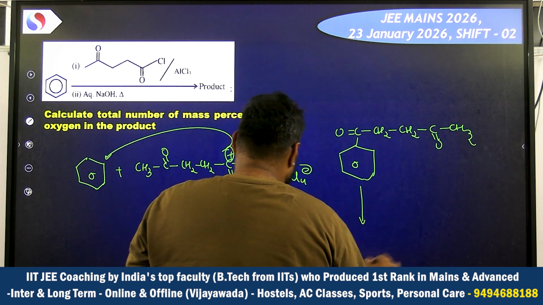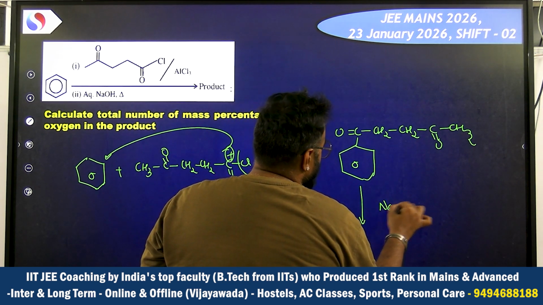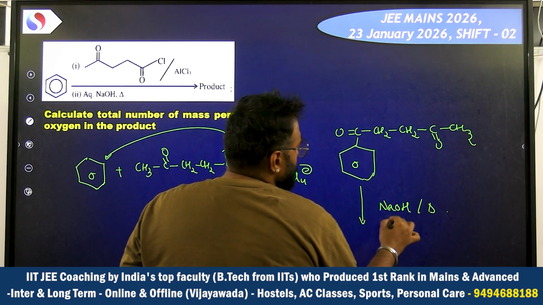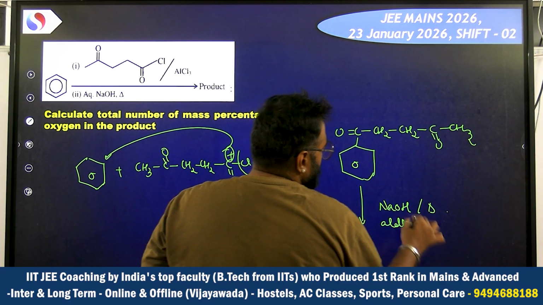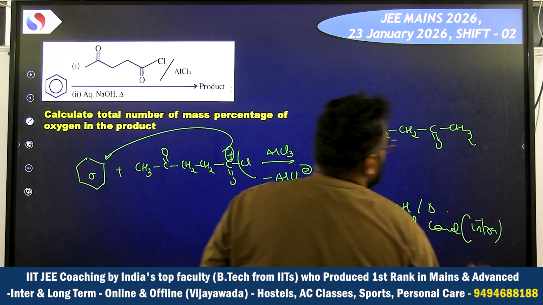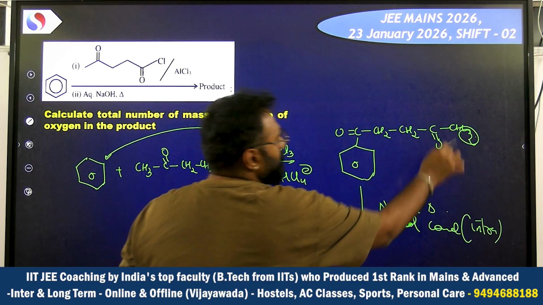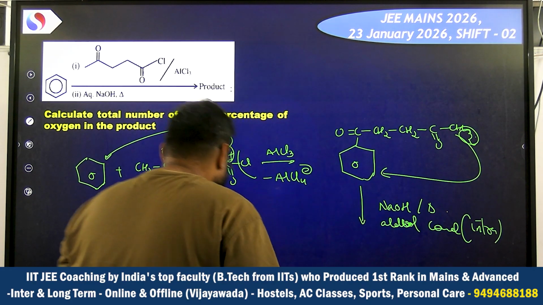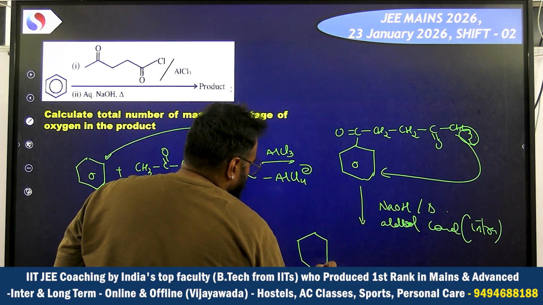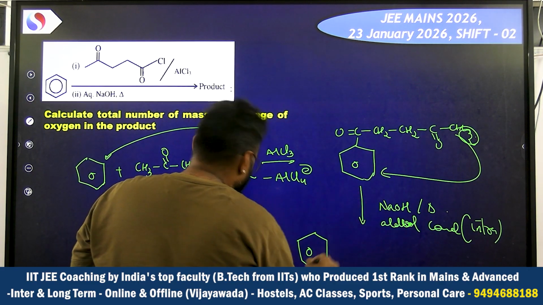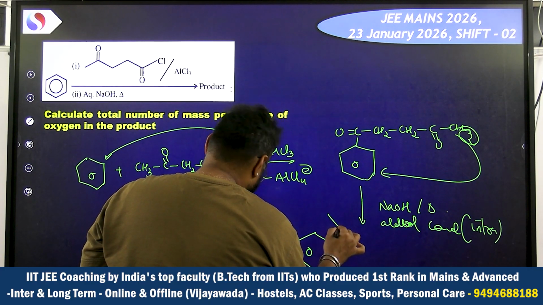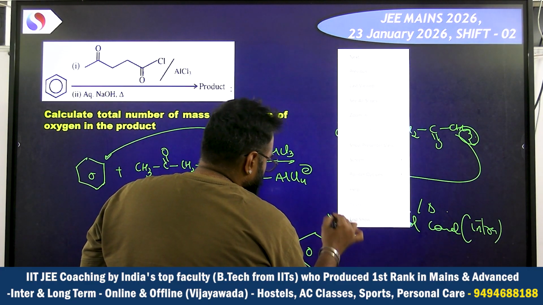Now this undergoes reaction with NaOH and heat. So this is what? Aldol condensation, intramolecular aldol. Alpha hydrogen will be removed and it attacks over here. So the new product obtained, I am writing directly the product without writing the mechanism. If you want, you can write your mechanism and check your answer.